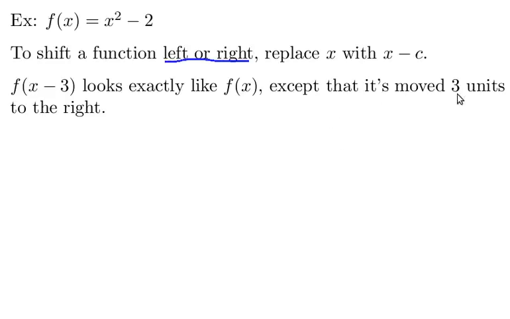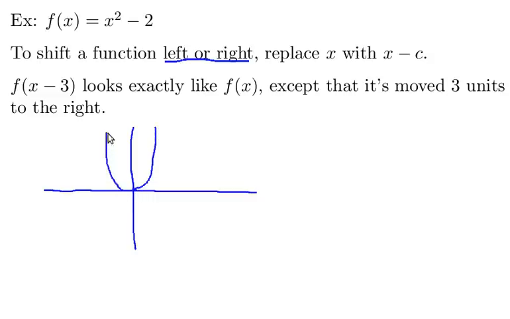Now I know it might sound strange that it's moved 3 units to the right, because you'd think that, well, it's minus 3, it should be moving in the negative direction. The reason why is kind of hard to explain, but I see no harm in trying at least. So if this is x squared, then if we have f of x minus 3, then we're saying 3 is now our 0, because x minus 3.